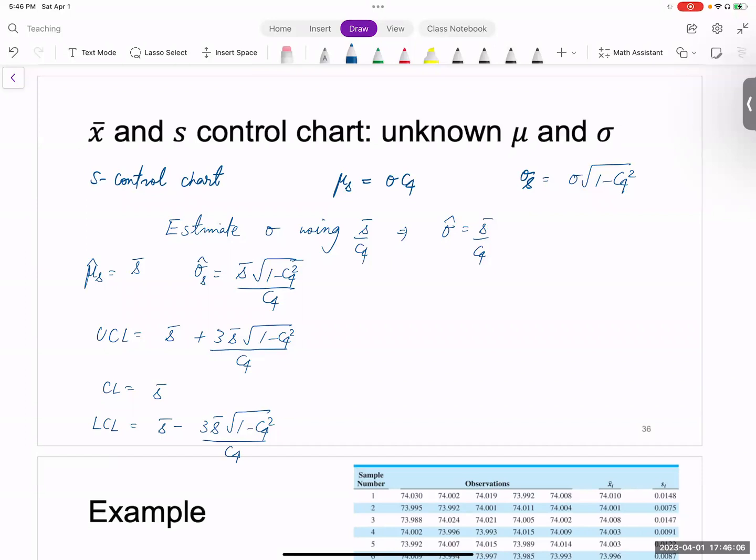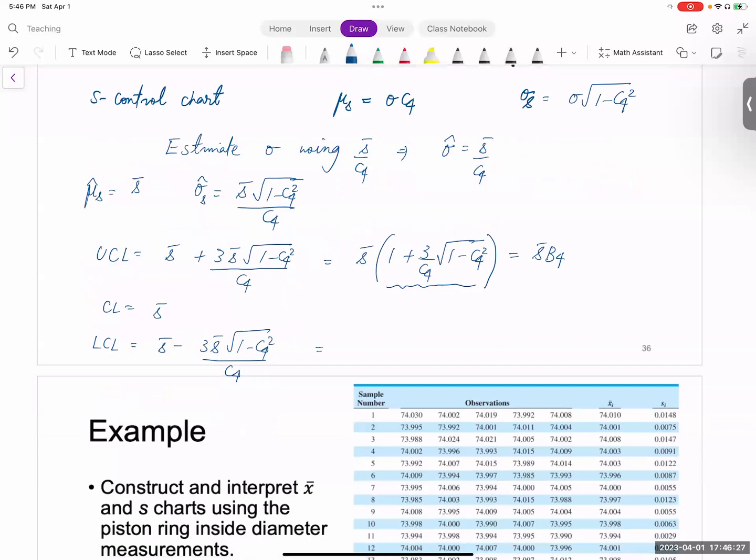Again, you can take out S bar common, and then you get S bar times 1 plus 3 divided by c4 square root of 1 minus c4 squared. The term inside the parenthesis here is B4, so we get S bar times B4. The center line remains the same, and the lower control limit becomes S bar times 1 minus 3 divided by c4 square root of 1 minus c4 squared. This is S bar times B3.